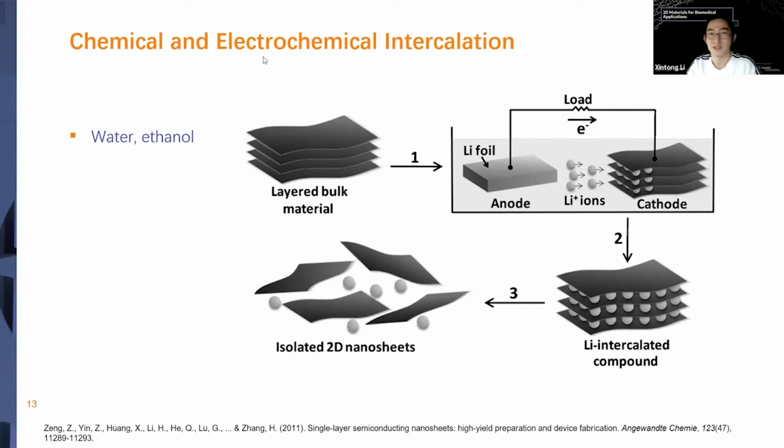And as far as I know, this electrochemical setup like this is probably the fastest and yields the highest concentration of 2D material. But unfortunately, I never worked on this myself, so I can't really answer your questions.